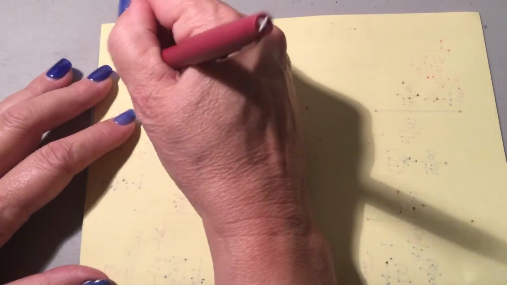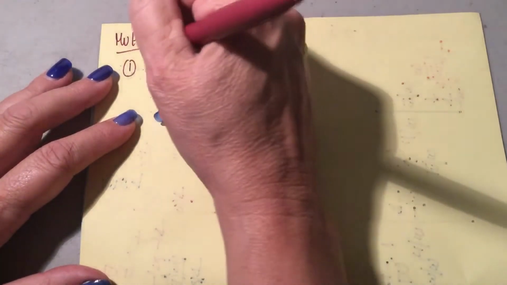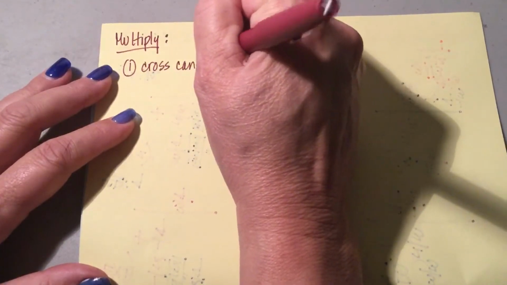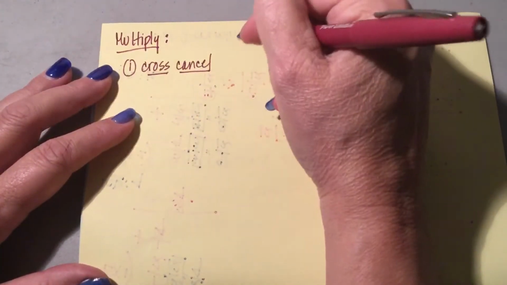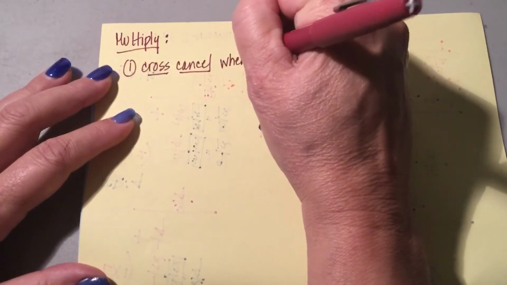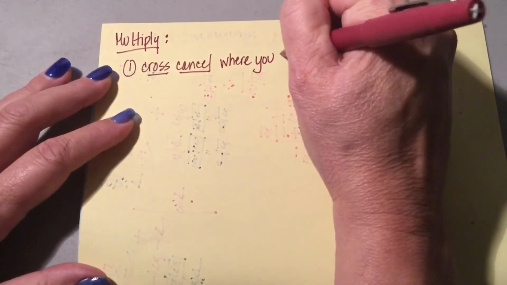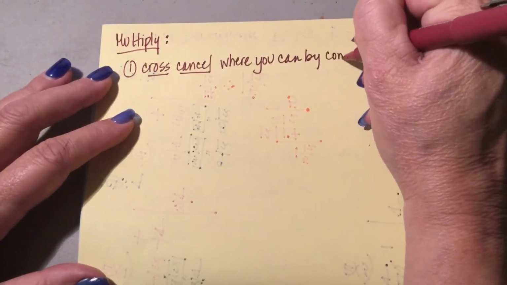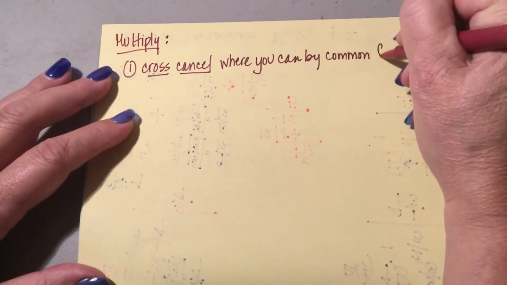So step 1. Step 1 is cross cancel where you can by common factors.